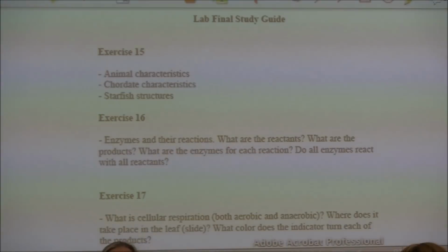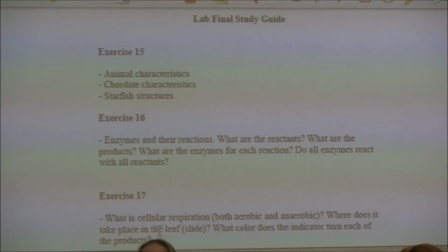So major characteristics from each group. Basic things: what kind of symmetry do they have? What kind of digestive system do they have? None of that should be particularly difficult. What allows you to tell those major groups from one another?